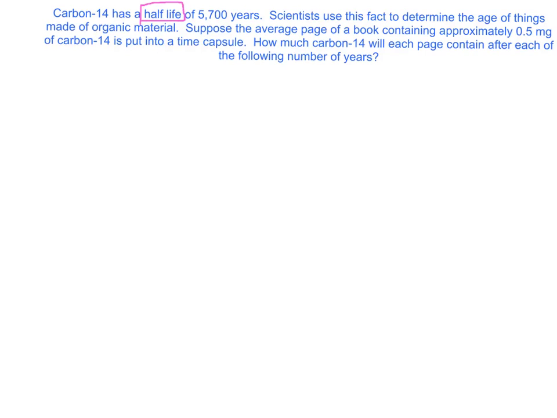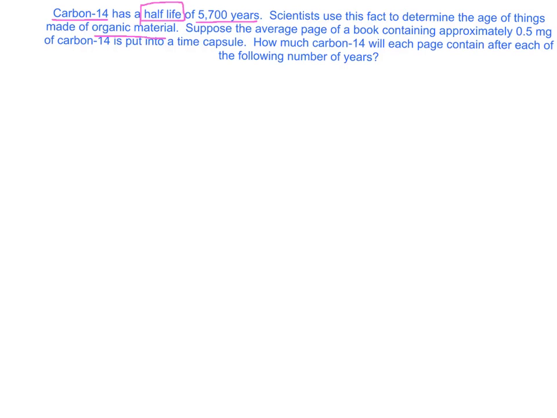That means the amount of carbon in an item is going to be cut in half every 5,700 years. Scientists use this fact to determine the age of things made of organic material. So this is how we find things, we find fossils, and we can determine how old they are. And it's based on how much carbon-14 is left over in that material.